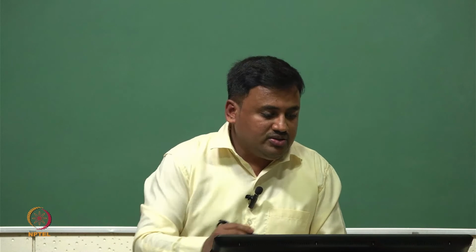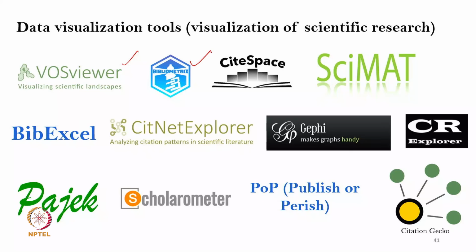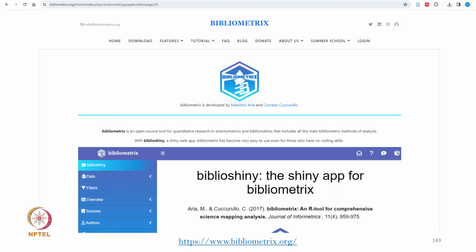We will have a practical session on VOSviewer, and we are going to look at how we can create visual networks and various data visualizations using it. Another tool for scientific visualization research is Bibliometrix, part of the R tool. Again, it's a comprehensive science mapping and bibliometric analysis tool.